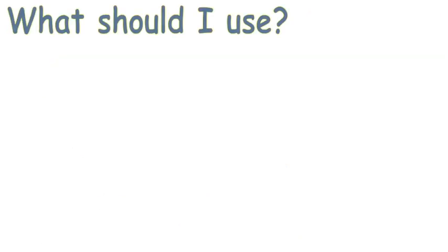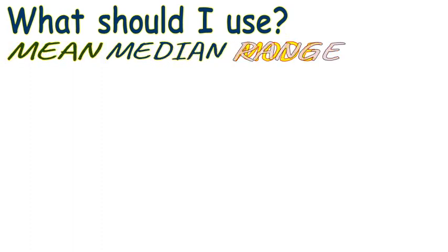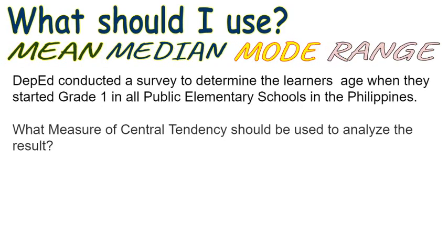So now let's proceed into some of our examples. What should you use in this particular example? Should it be mean, median, mode, or range? You can just simply mentally respond, or you can type your response in the chat box.